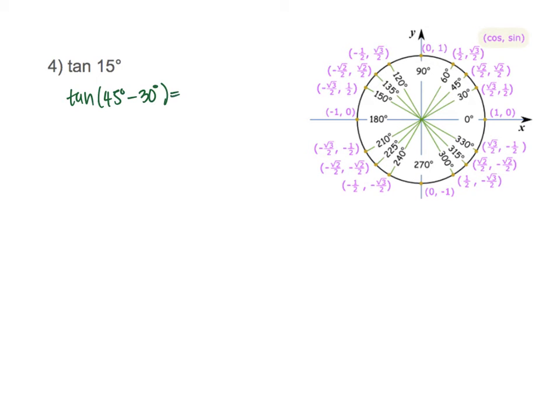You'll get 15, so you're using the rule where if you have a tangent and you subtract one angle from another, this is going to be tangent A minus tangent B all over 1 plus tangent A times tangent B.